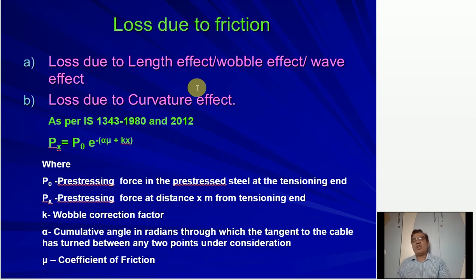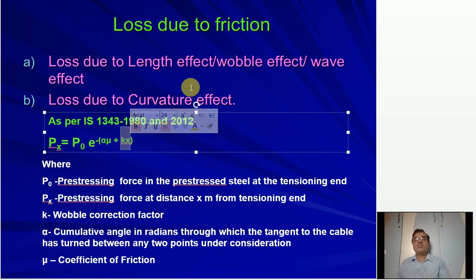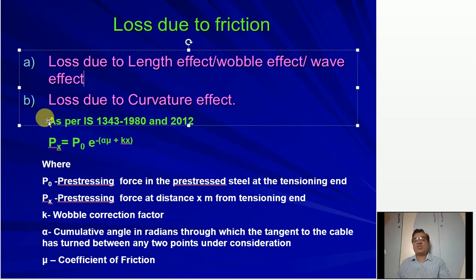That means it is not exactly along the profile which was intended. So the little undulations in the profile give friction. That is the loss due to length effect or wobble effect. This part is considered in this equation: P0 e raised to minus (alpha into mu plus kx). This kx part covers the wobble effect, and the second loss is loss due to curvature effect.